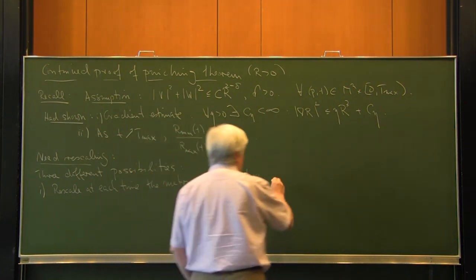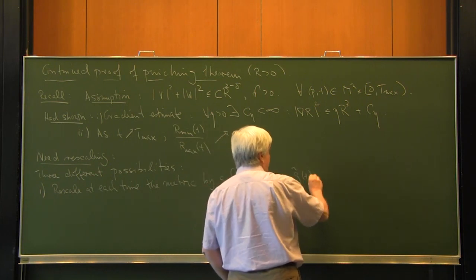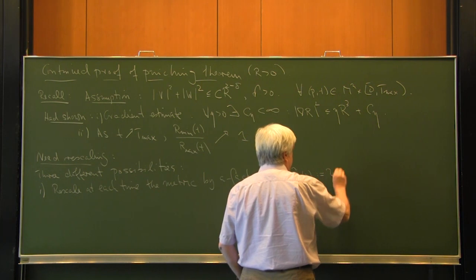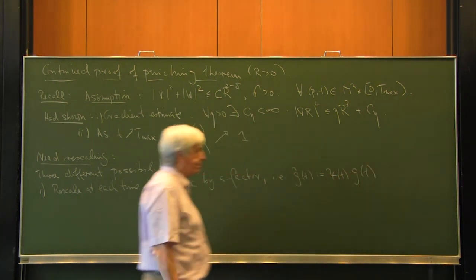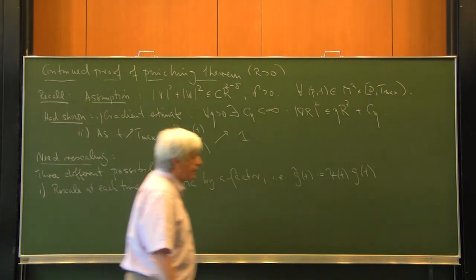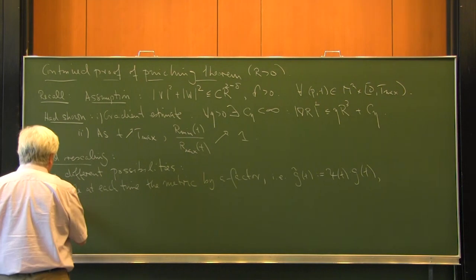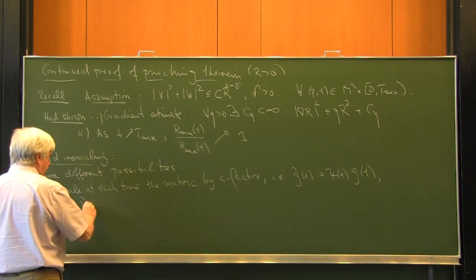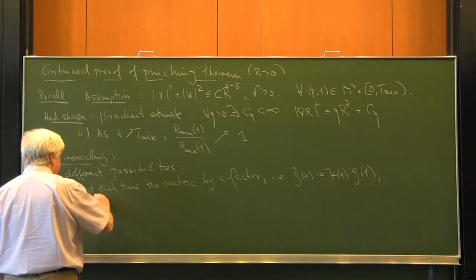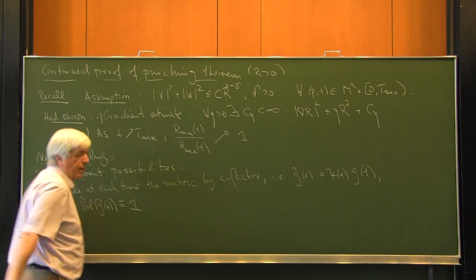You set g tilde of t is some psi of t times g of t, such that the volume of the rescaled metric is constant: the volume of g tilde of t is identically equal to 1.